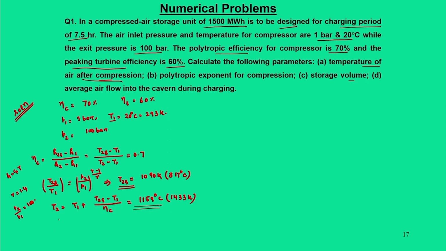Now, for example, if you say T2 is this, now if you take another expression, a polytropic expression, we write P1 to the power (n minus 1) by n is equal to T2 by T1. So, this is polytropic compression.